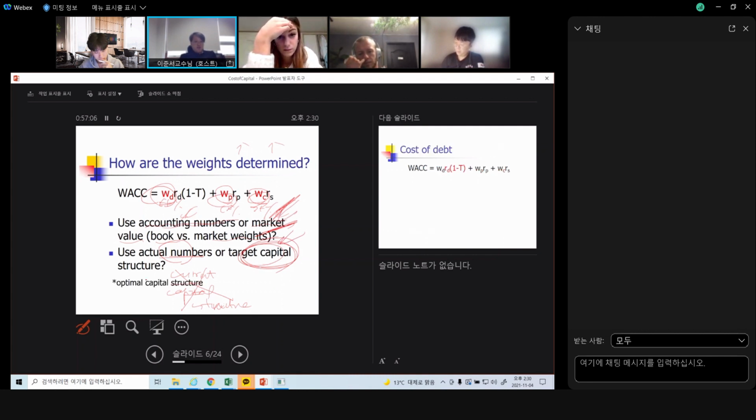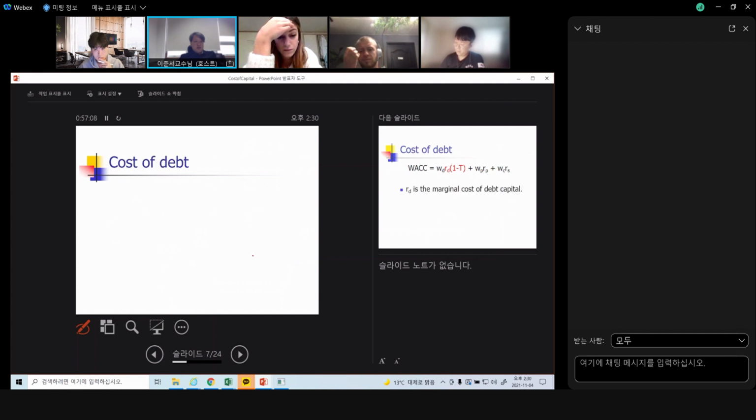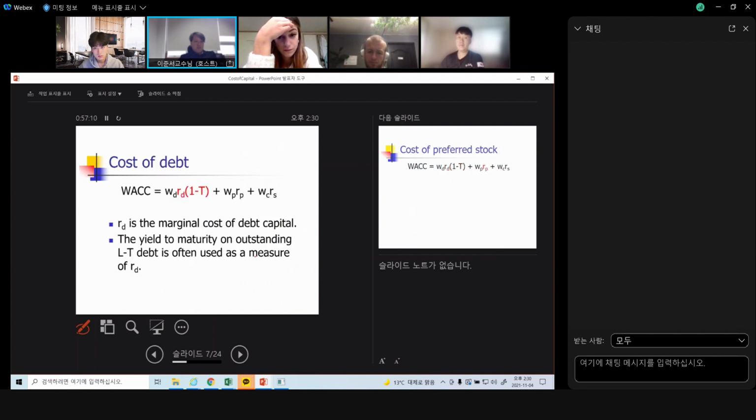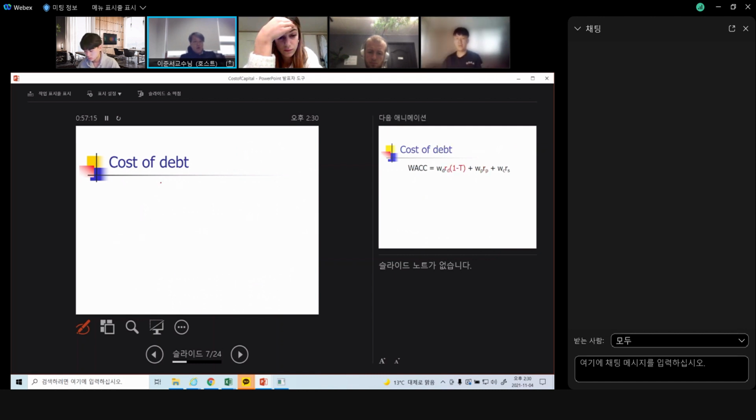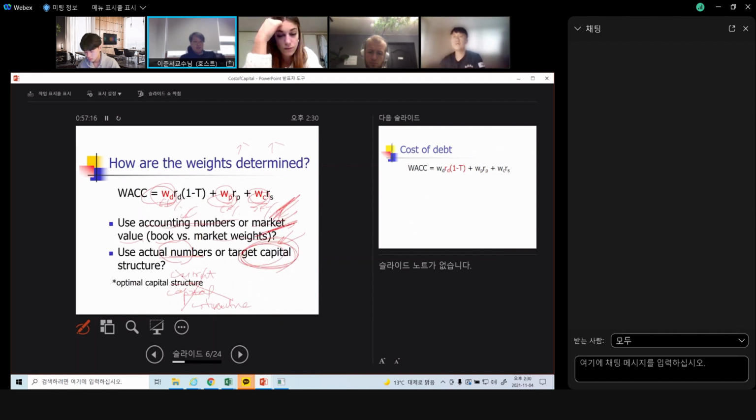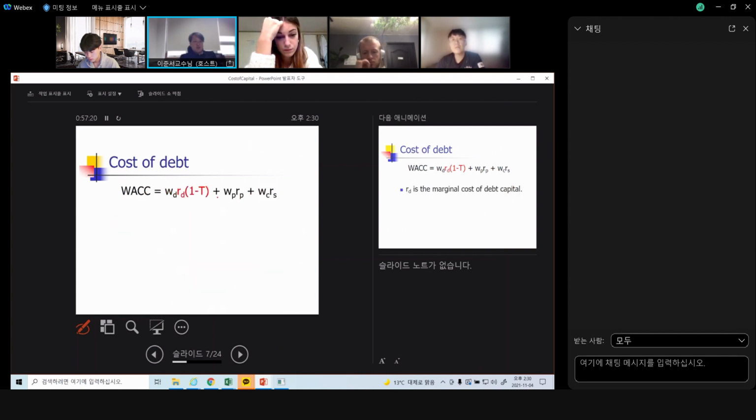Now, the capital structure I already explained. Now let's take a look at the components one by one. We figured out the weights WD, WP, WC. Now we need to focus on the cost of debt.